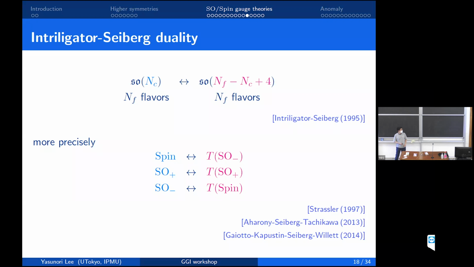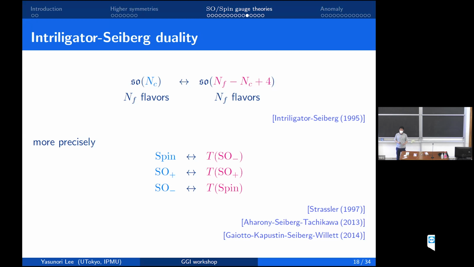The Intriligator-Seiberg duality exchanges the supersymmetric QCD with SO(NC) gauge algebra with NF flavors with the supersymmetric gauge theory with SO(NF minus NC plus 4) gauge algebra with the same number of flavors.